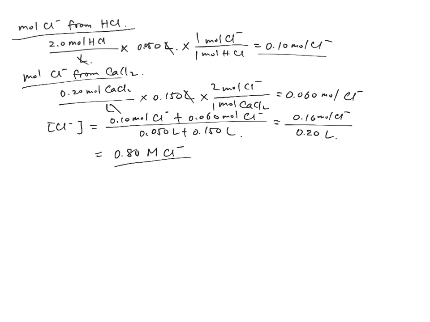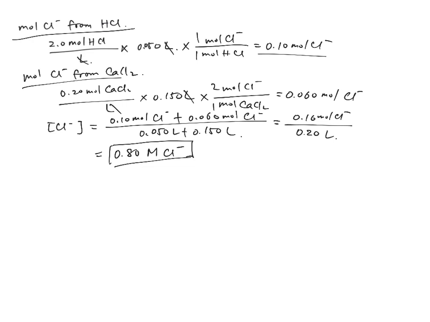And you look at this number. Is this the average between the 2 concentrations? It's not. Okay? Because we went through a much more complicated calculation than just getting the average.